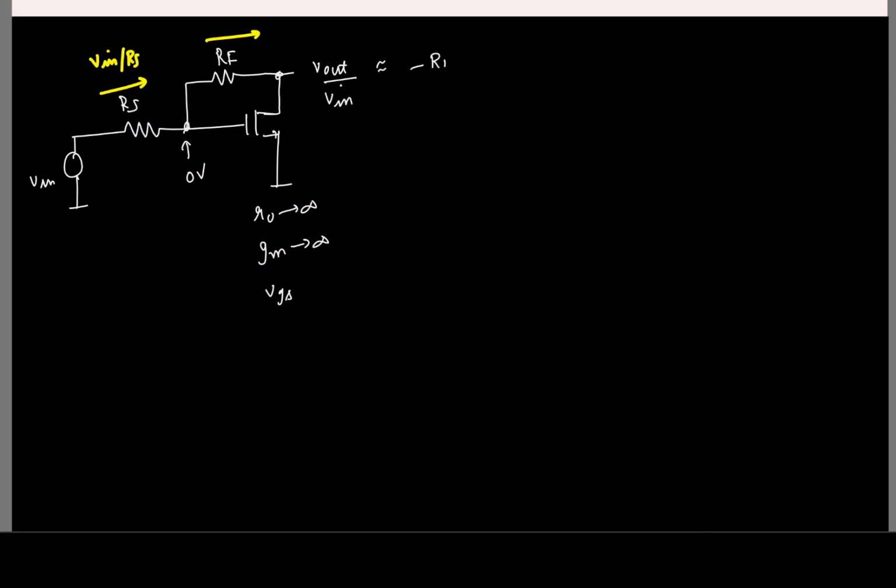Of course, if you have finite gm, things will be different. In fact, in this circuit, if you have a finite gm, and let us say this is some VG, from the input to the output, are there multiple paths for the current to flow?